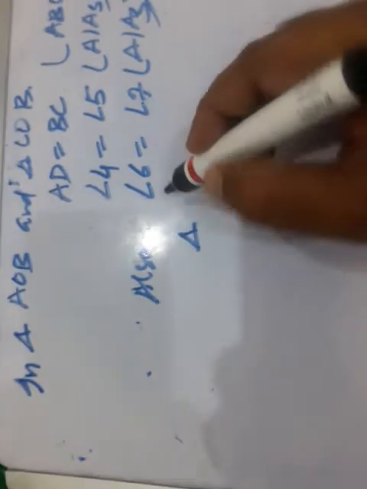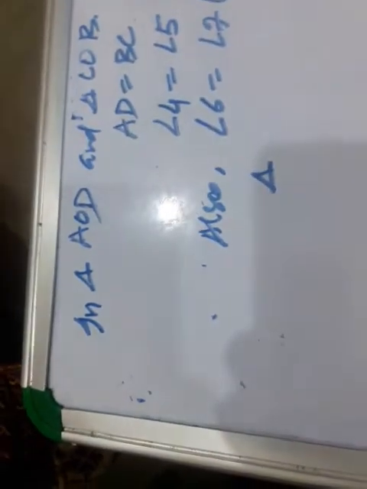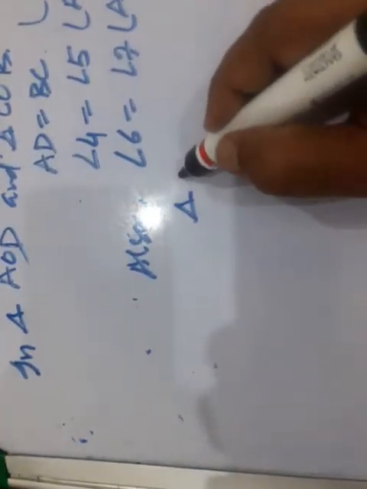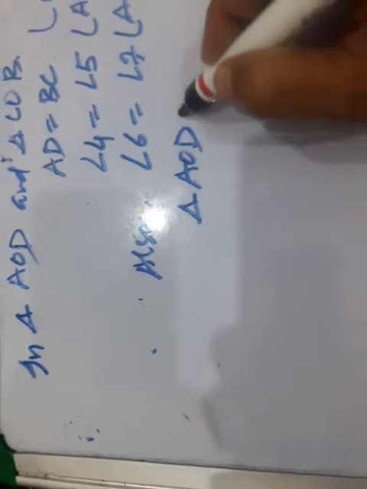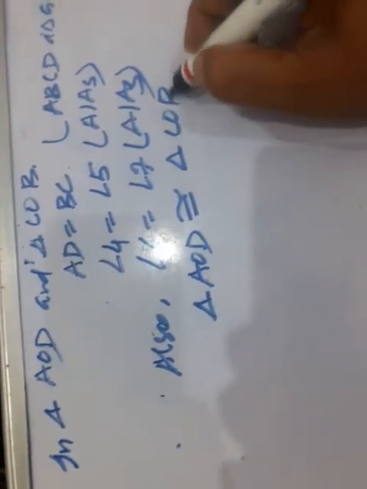This implies that triangle AOD, this is not triangle AOB, this is triangle AOD, is congruent to triangle COB.